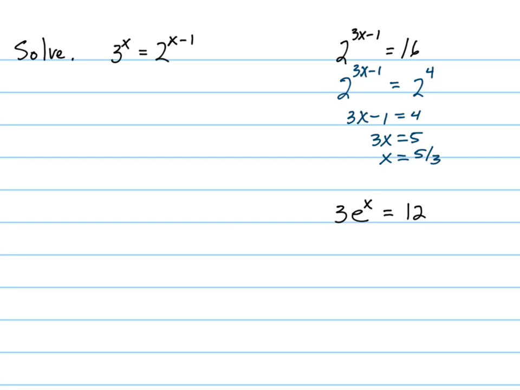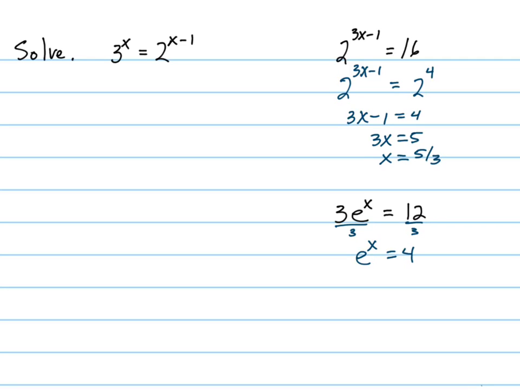In fact, if I could just ignore the 3 here, I would have e to the x power equals 12. That's the form of an exponential equation. And the only way I can solve that is if I switch forms. So the first thing I need to do is get rid of the 3. Well, since it's 3 times e to the x, I can divide by 3. And I'm going to get e to the x is equal to 4.